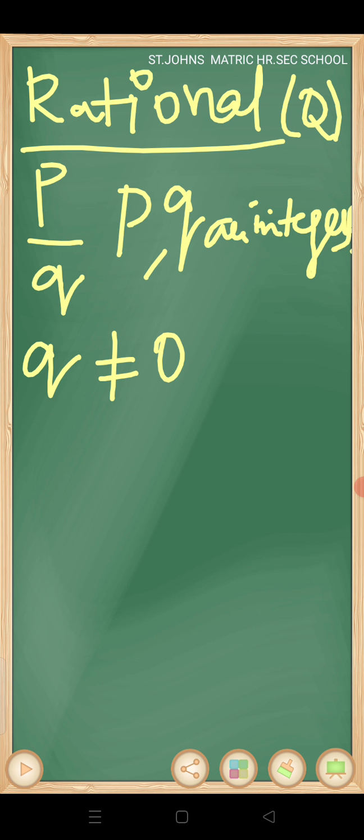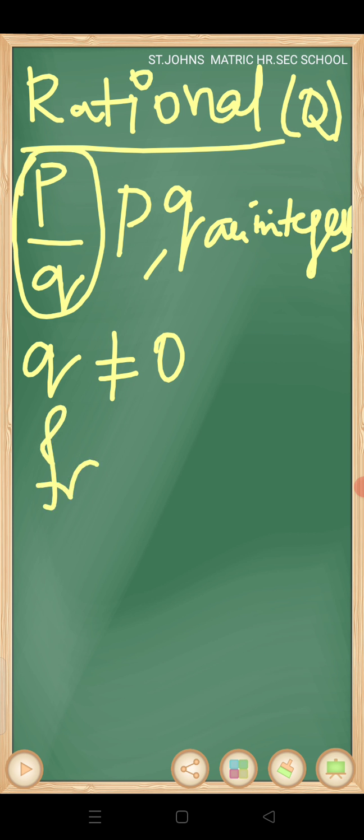So the rational number, denoted as Q, is P by Q. P by Q is in the form of a fraction.